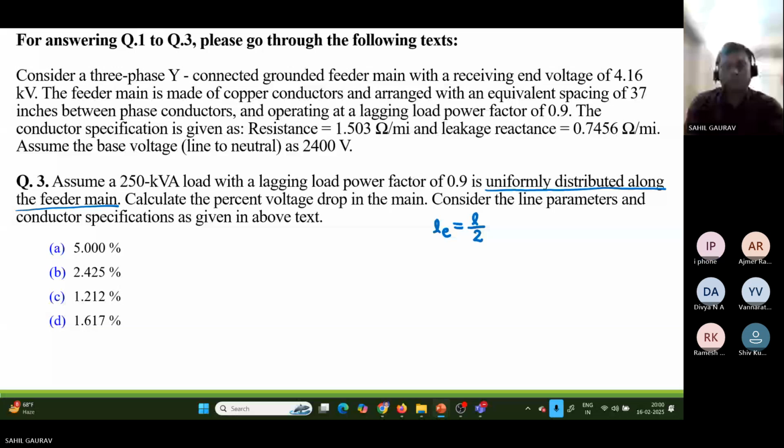I am curious to know your name, because it is showing as your mobile. My name is Shihab Abdul Wahid, from NIT Calicut. I am a PhD student in power systems. Great.